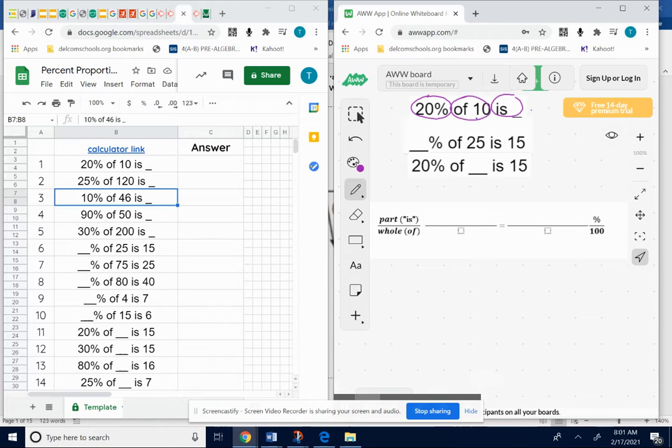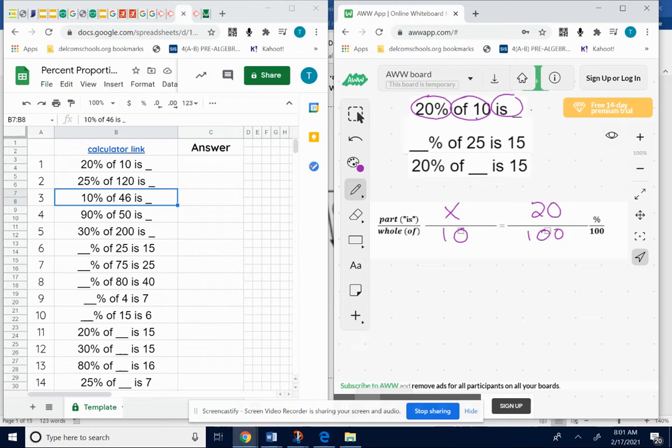So I'm going to put the numbers in the right place. 20%, that's the percent number on the top right, of 10. Of is on the bottom left. Is what? The is number is the unknown, so that goes on the top left. And then 100 is always on the bottom right. So I just need to solve this.